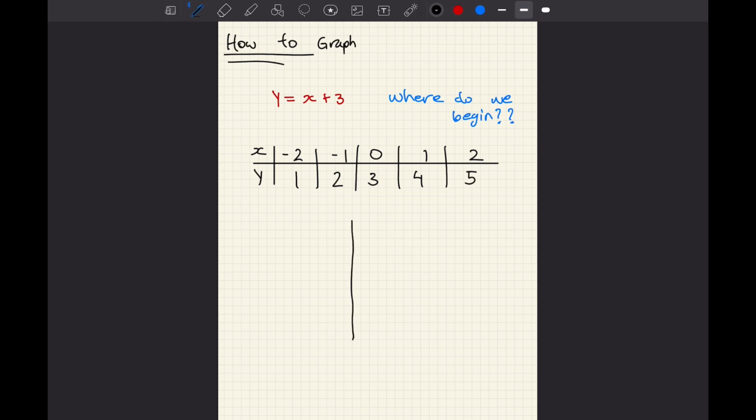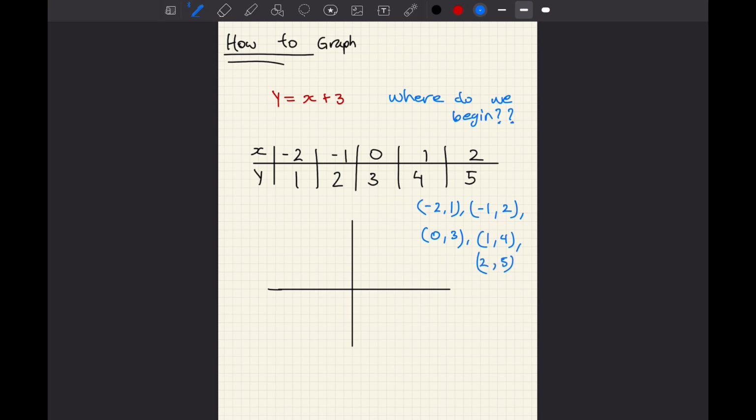Therefore, if I graph what this would look like, what I'm now being asked to graph are the points -2, 1, -1, 2, 0, 3, 1, 4, and 2, 5.